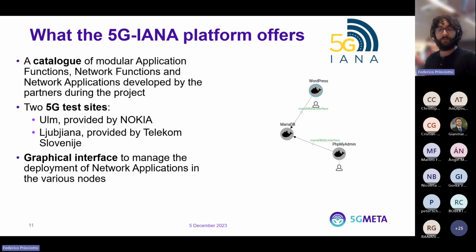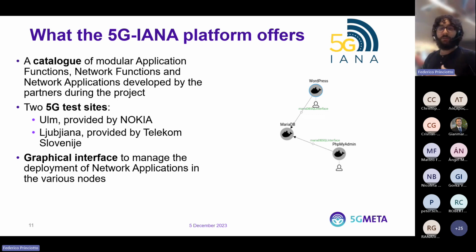From this graphical interface, any user can deploy any network application without needing to code, simply selecting which network functions and application functions he wants to use, connecting them with links specifying which protocol is used, and deploying, selecting also which nodes in a cluster he wants to deploy these components in.